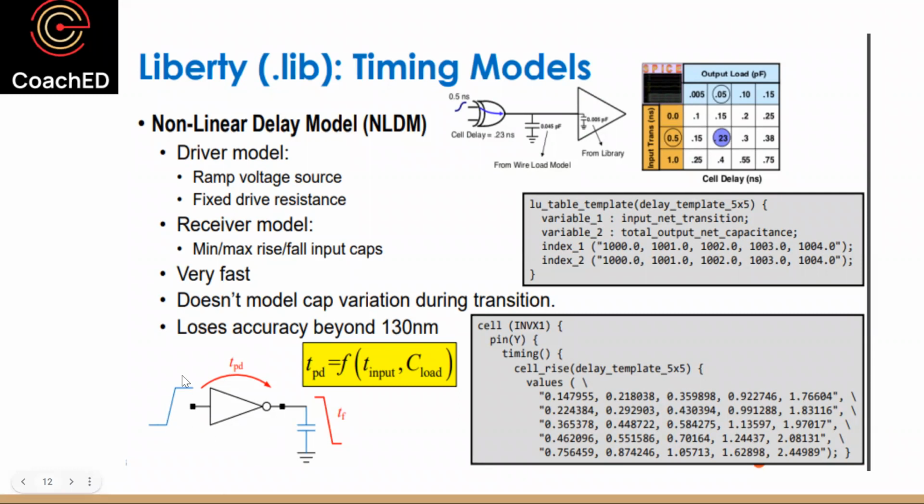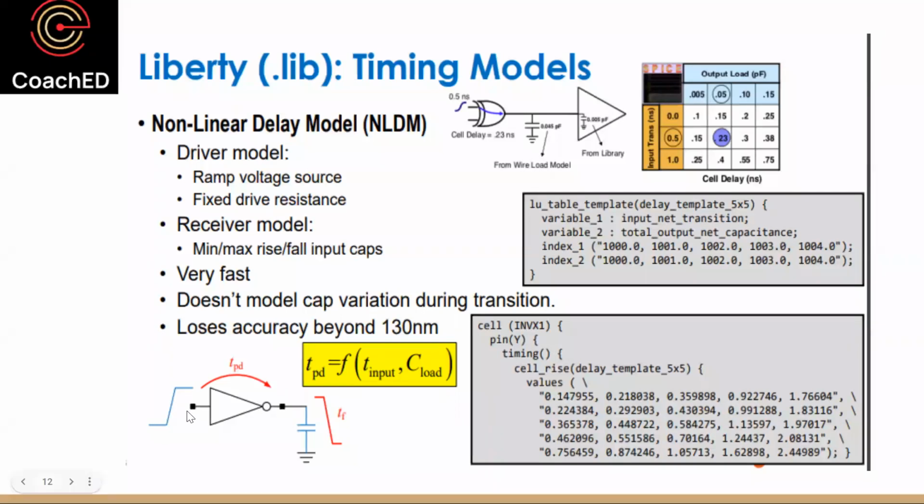There are 4 possible values on the input transition and 5 possible values on the output load. Yeah, sorry, 2 into 5. It might be 20. It will be 4 into 5, right? You fix one of the 4 values, you have 5 possible values here. You go to the second value, 5 possible values, which means 4 into 5, which is 20 combinations.